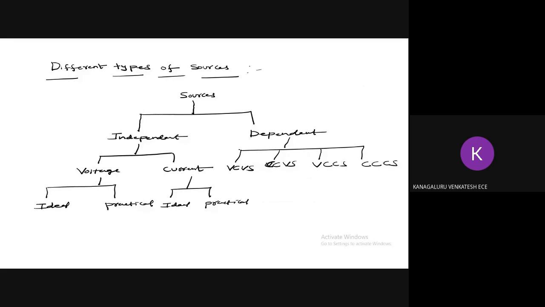First of all, let us look at the category of independent sources, out of which we are going to see about the ideal voltage source. So with respect to circuit diagram, we'll try to analyze it. An ideal voltage source can be represented as follows.